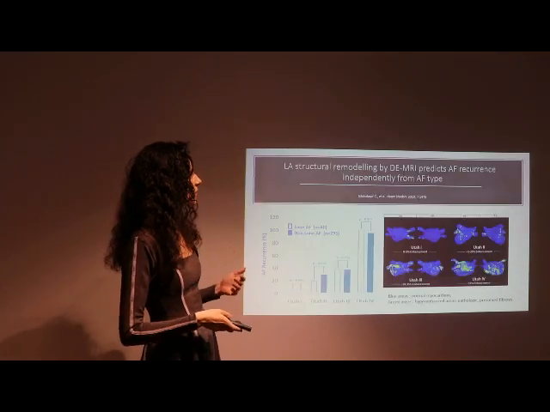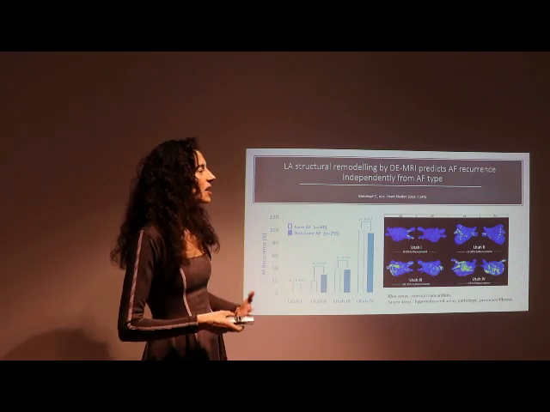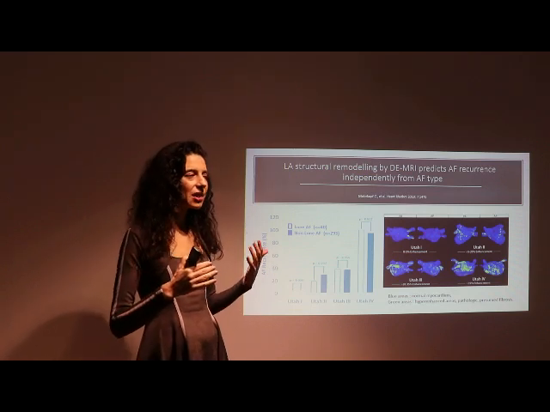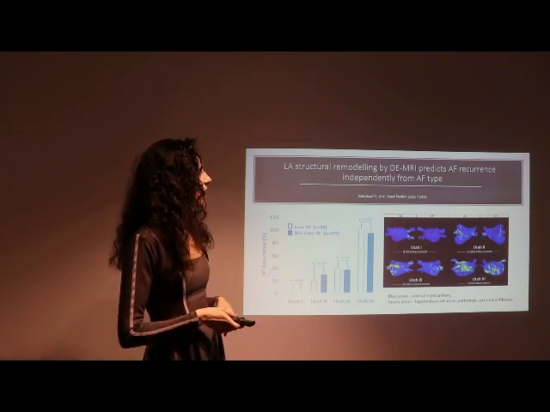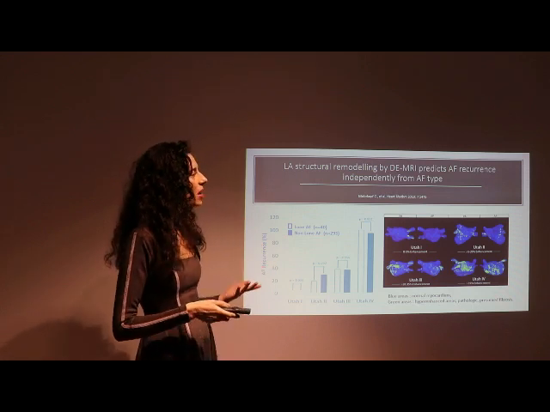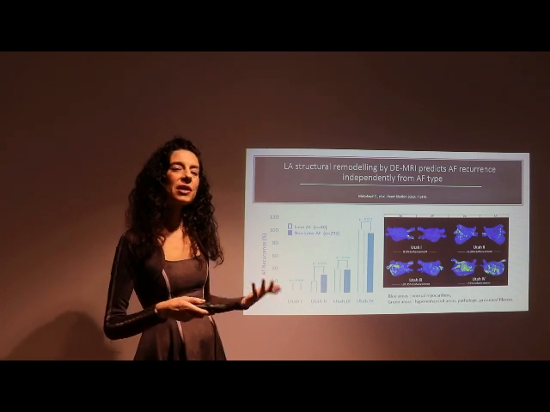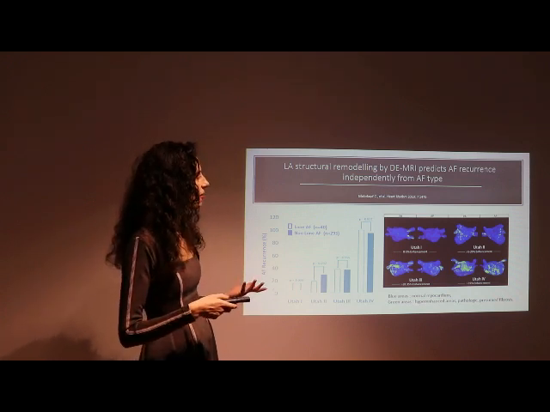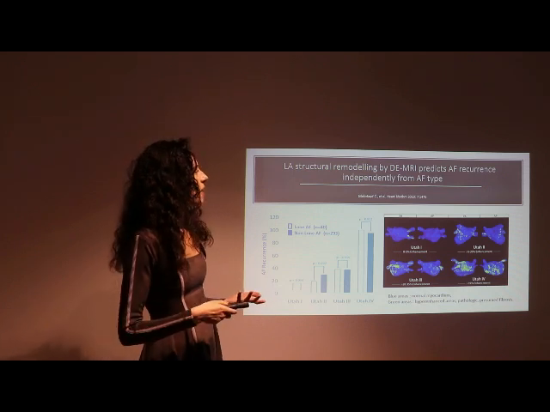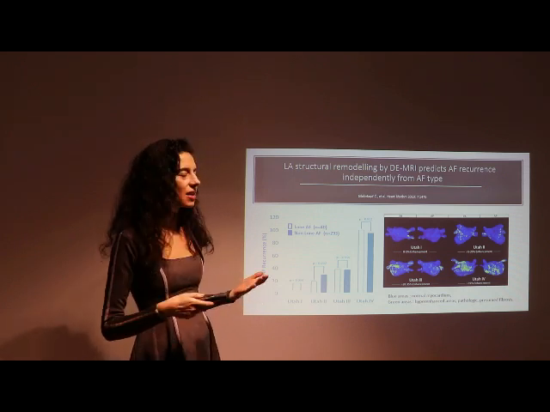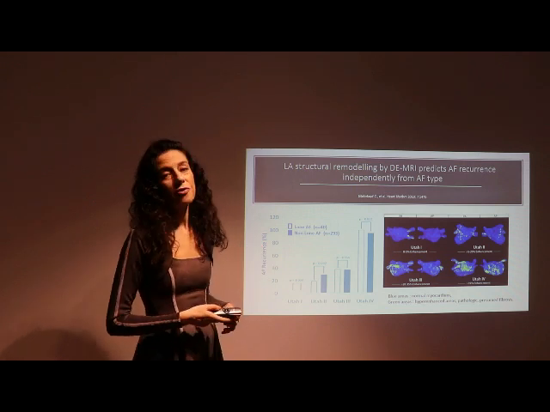And so it is not surprising that this kind of structural remodeling of the left atrium by MRI could predict the recurrence of AF after cardioversion or after ablation better than the type of the atrial fibrillation.